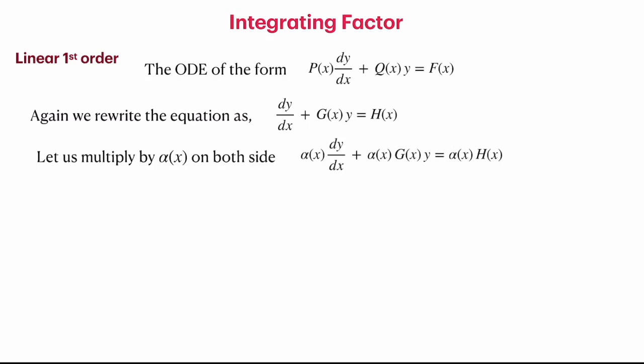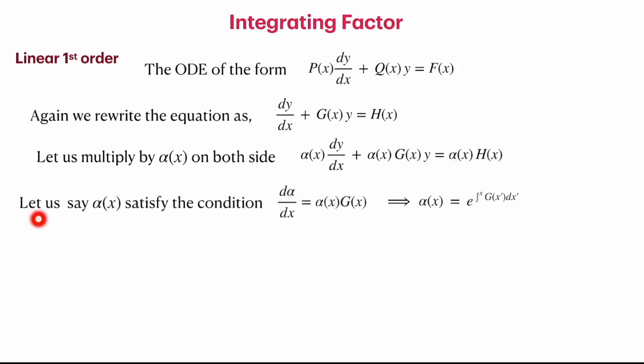Now let's multiply alpha on both sides. The alpha is an integrating factor such that this differential becomes an exact differential. The equation becomes alpha times dy by dx plus alpha times g times y is equal to alpha times h of x.